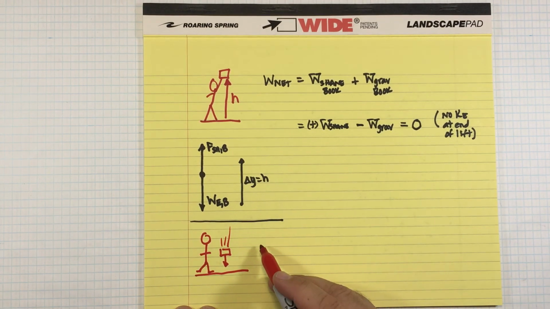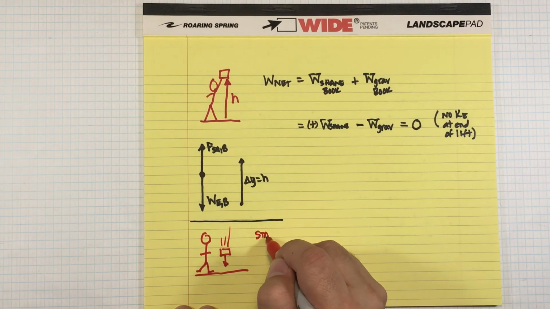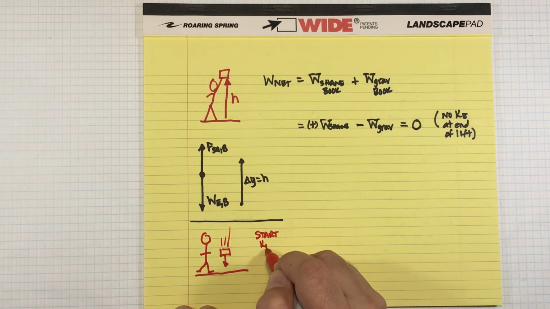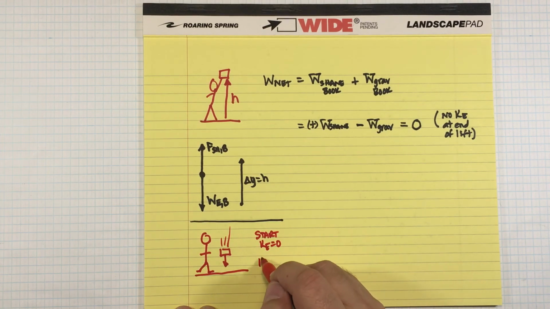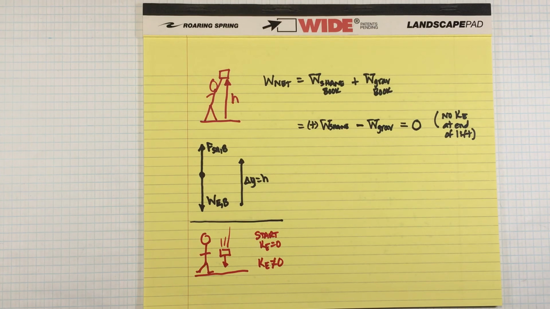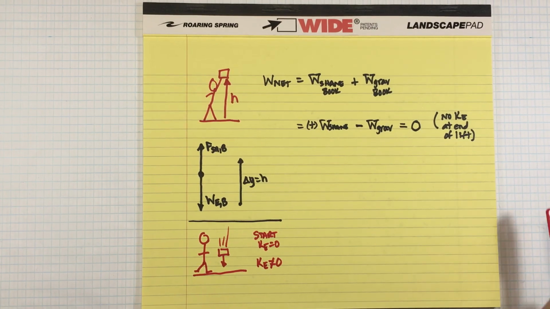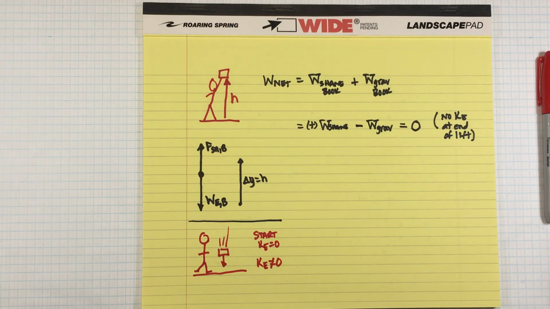So here at the start, the kinetic energy is equal to 0. And at the end, right before it hits the ground, the kinetic energy is not equal to 0. So in that case, what does the work-energy theorem tell us? Well, it still gives us a consistent picture of what's going on in the problem.